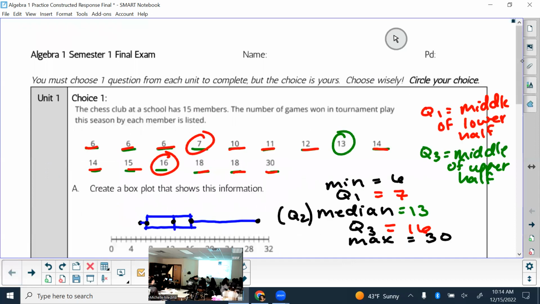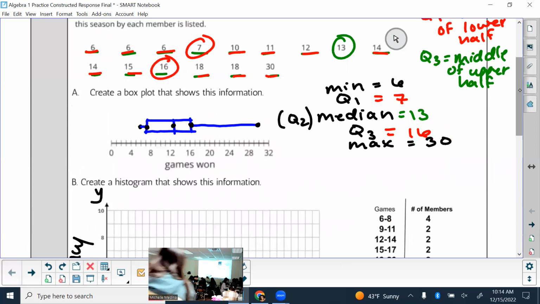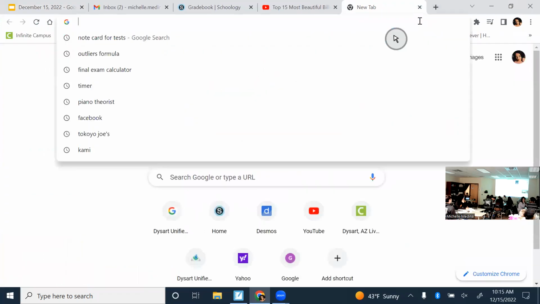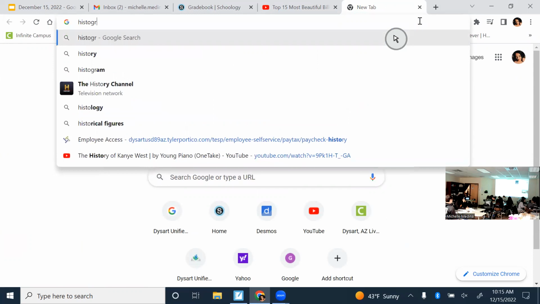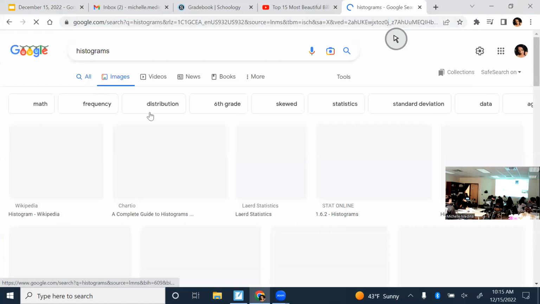So let me show you a few examples on Google, because I feel like that would be better. If you're making a normal bar graph where each bar is just for one number, that would be incorrect. It has to be intervals.